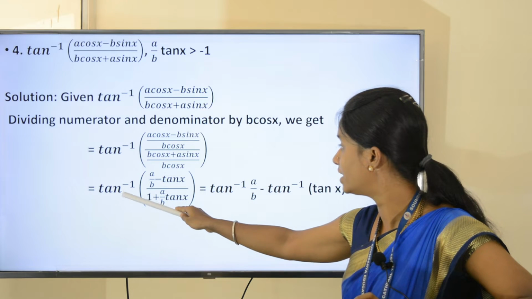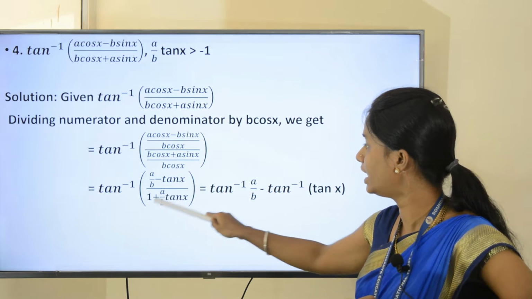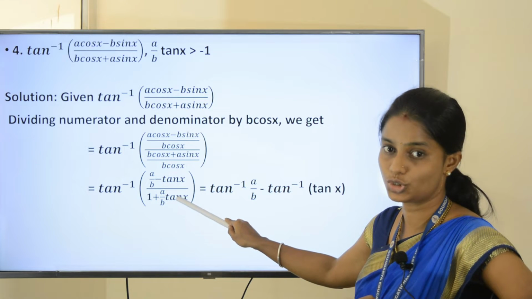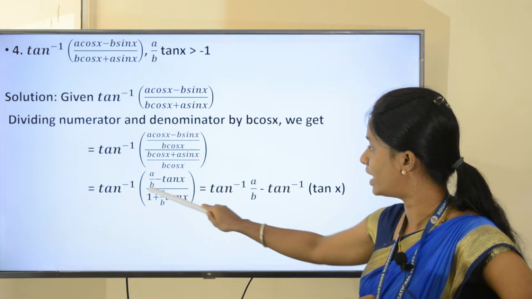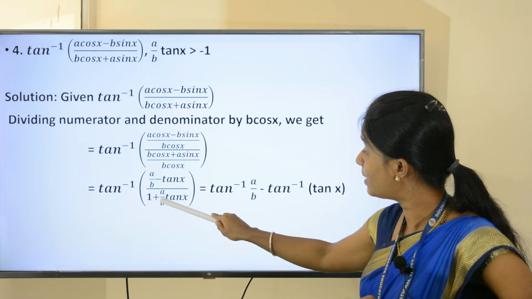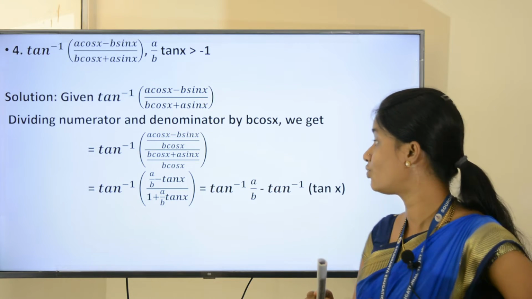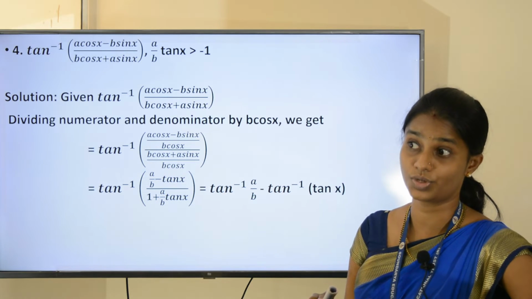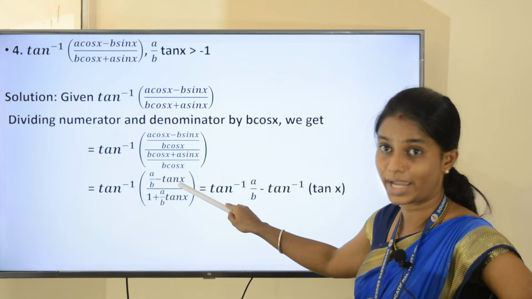So please observe here, tan inverse of x minus y divided by 1 plus x into y. I'll repeat: tan inverse of x minus y divided by 1 plus x into y. What is the formula? That is equal to tan inverse x minus tan inverse y. What is x here? I have considered a by b. What is y? Tan x.